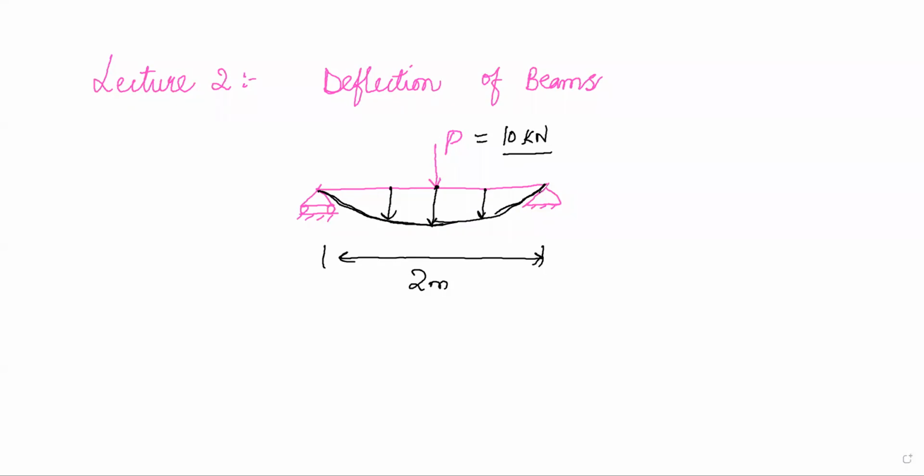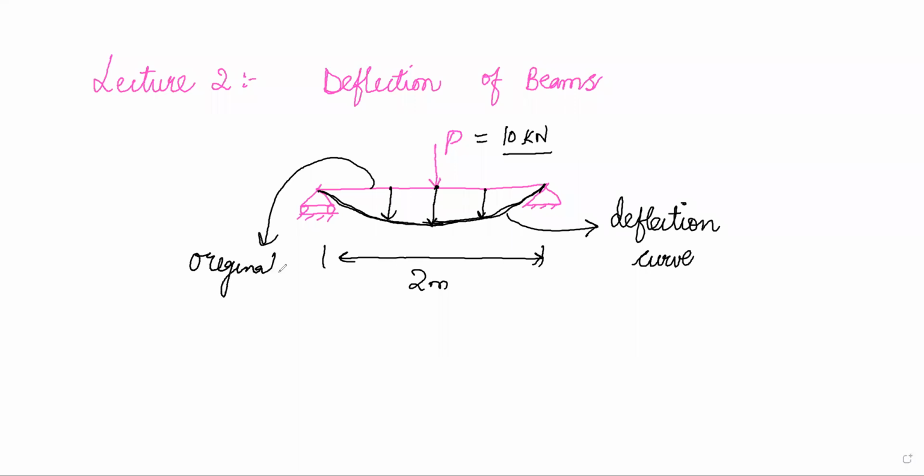This is what is known as the deflection curve of the beam. This is our deflection curve, and this is our original beam. So we have the original beam and this is the deflection curve.